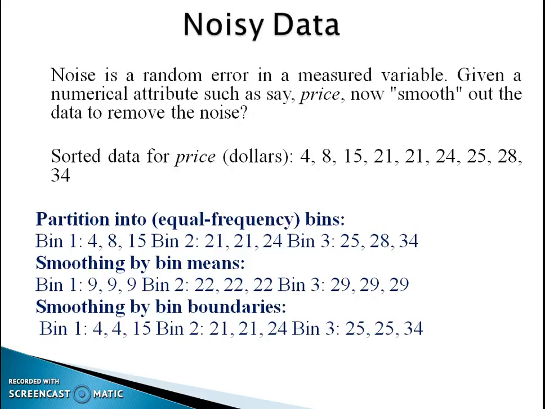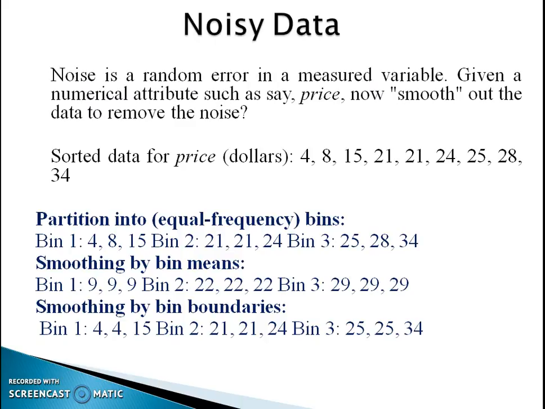This is some example of cleaning the noisy data. Noise is a random error in a measured variable, given a numerical attribute such as price. Now smooth out the data to remove the noise. Store data for price in dollars.